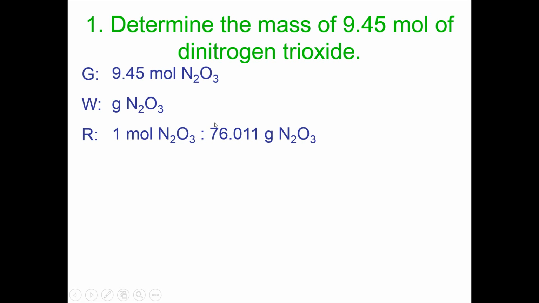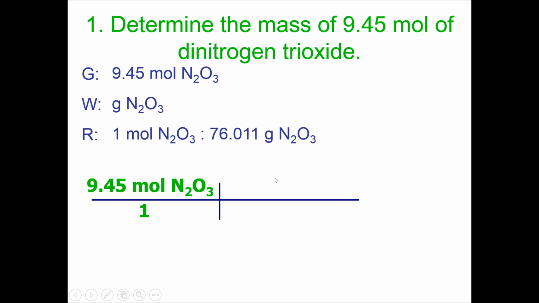This number was calculated using the periodic table, finding the mass of nitrogen, multiplying that by 2, and then adding it to the mass of oxygen times 3. This problem needs no more ratios. We can get from moles to grams just through this ratio here, moles to grams. So let's start the problem with the given over 1.